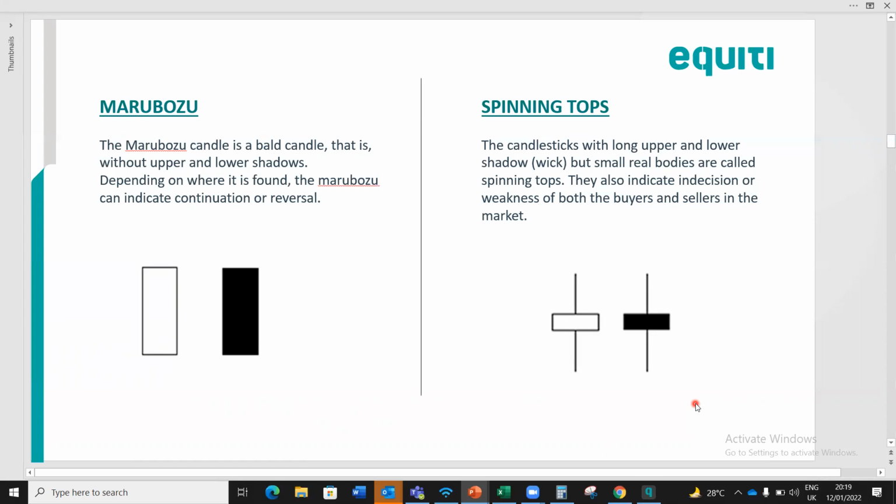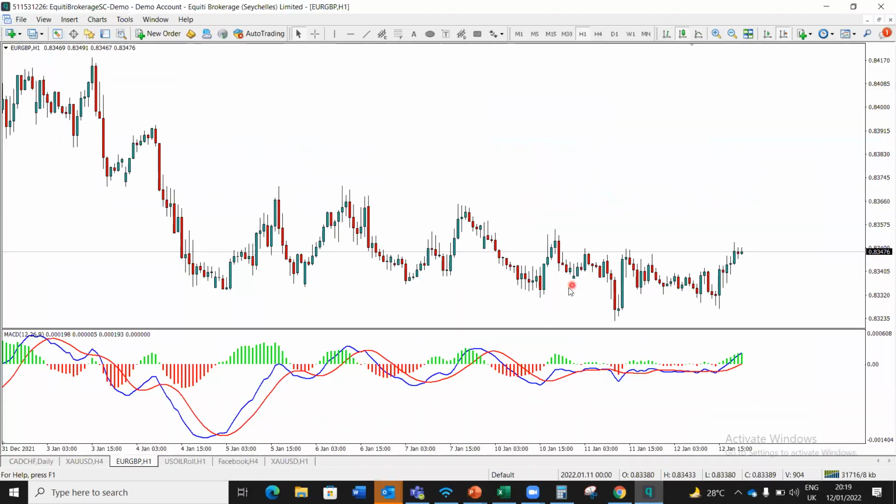Now, depending on where you find the Marubozu on your charts, it can indicate continuation or reversal. The Marubozu can indicate what? Continuation or reversal, depending on where you find it. Let's identify a Marubozu. I think I saw one. Beautiful, this is a perfect example.